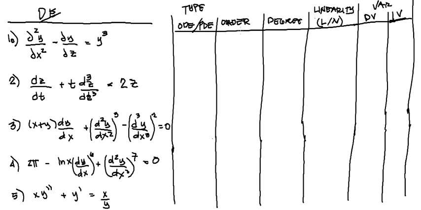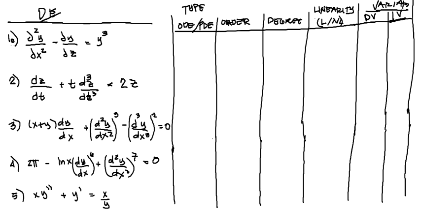Let us also determine the order and the degree, and the linearity, if it is linear or non-linear. And then I've also included here, let's determine the variables, the dependent and independent variables in our equation. Okay, so let's start.